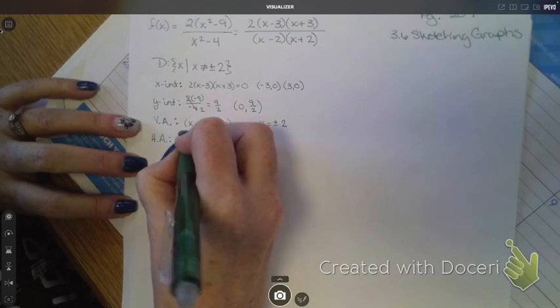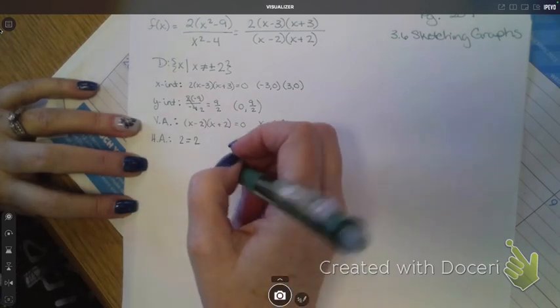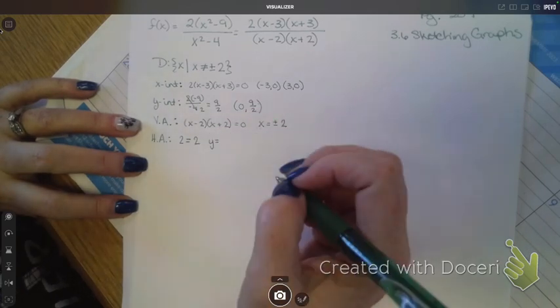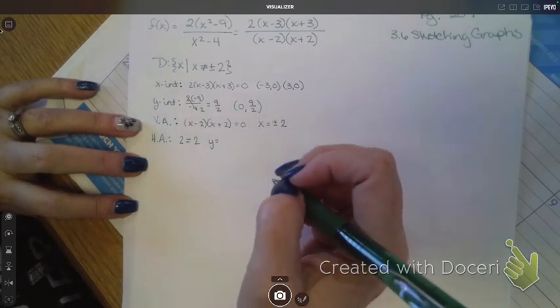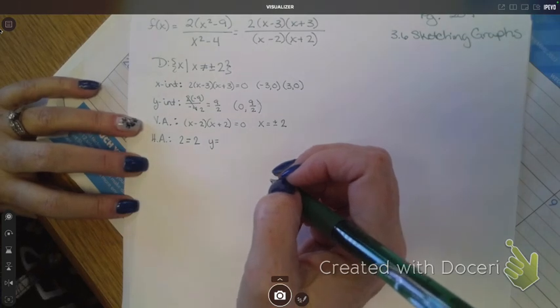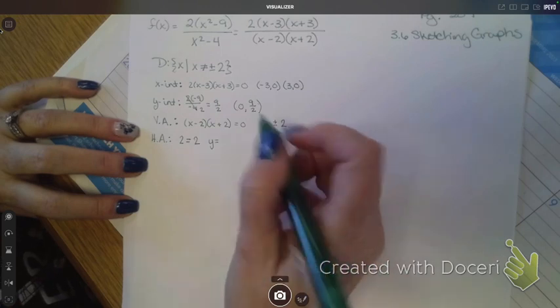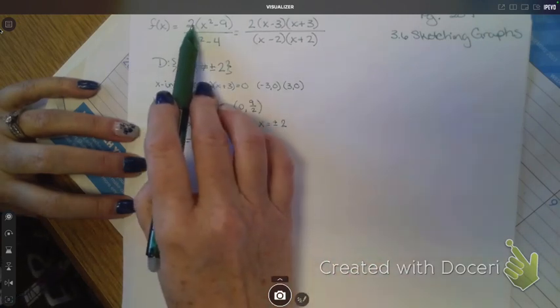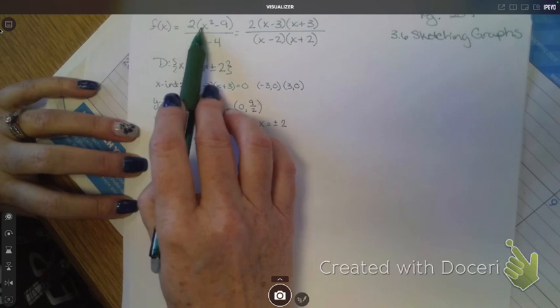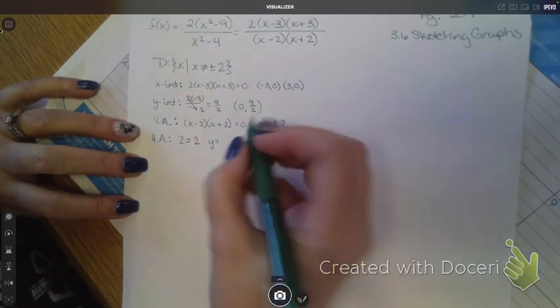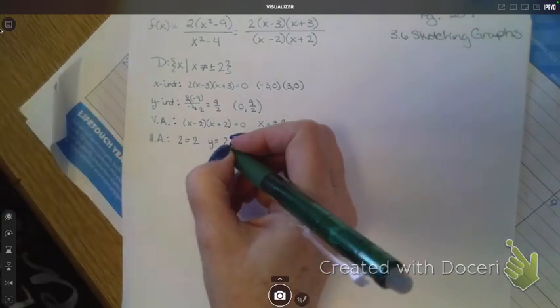So when the degrees are equal, what was the rule? It is the leading coefficient. Now, be careful because the leading coefficient on this one isn't 1, it is what? 2. So 2 over 1, so 2.